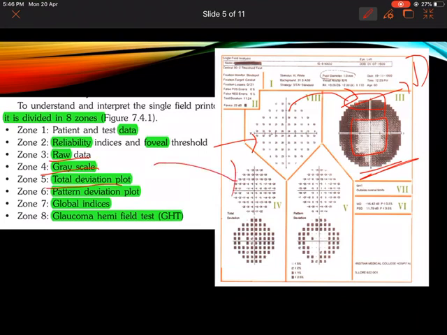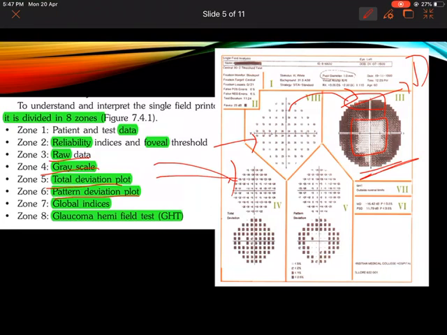Total deviation plot compares the patient's data with the age-related normals which are already fed inside the computer, and detects how the patient's data is deviated from the normal.